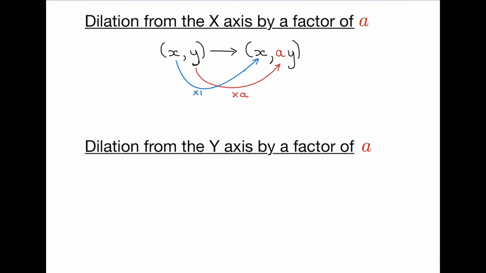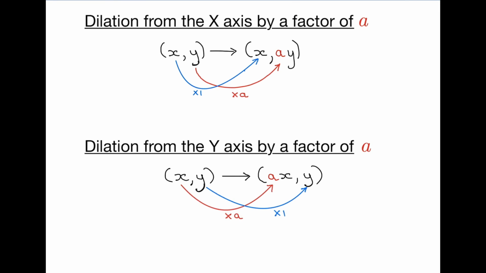On the other hand, dilation from the y-axis by a factor of a results in (x, y) being mapped to (ax, y). This time the x value is multiplied by a and the y value is multiplied by 1. Pause the video now and see if you can write down the transformation matrices for these two types of dilation.